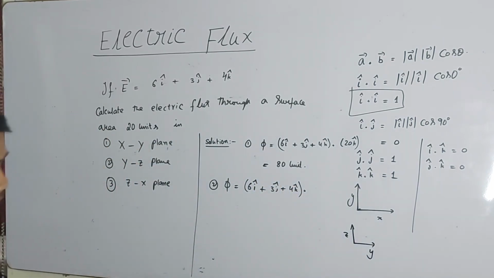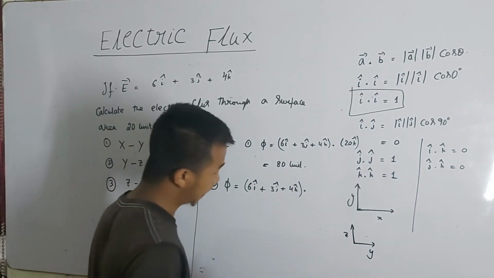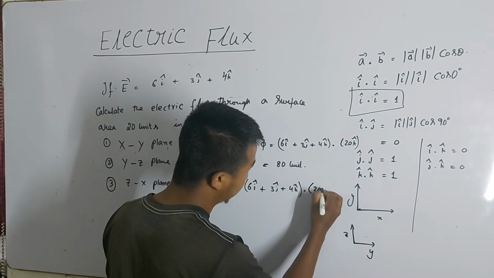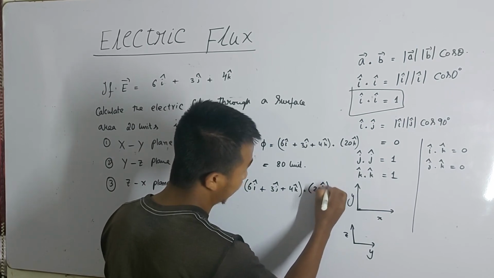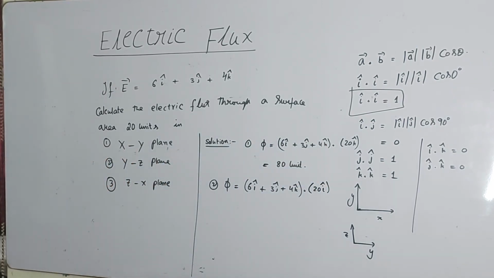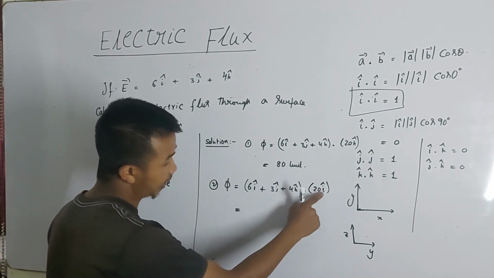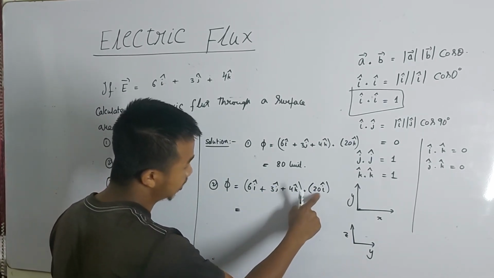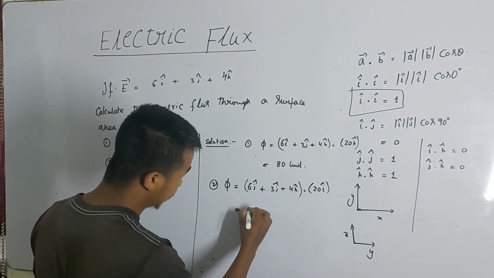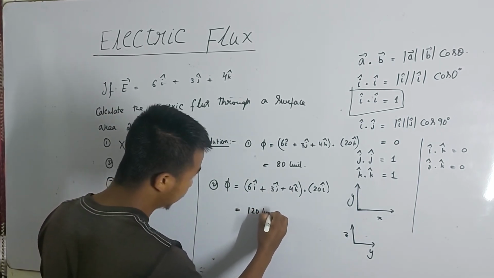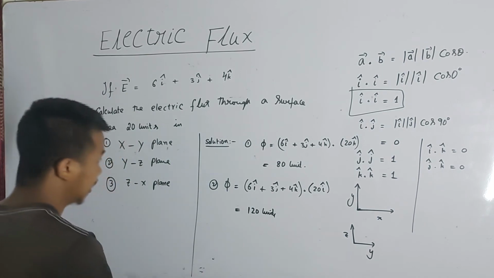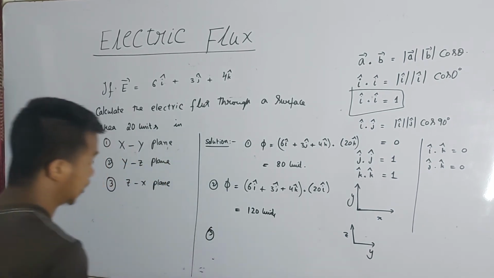In which direction is it? It is along the x axis. So it is 20 for the yz plane. Now i dot i equals 1, j dot i equals 0, k dot i equals 0. So the answer is 120 units.